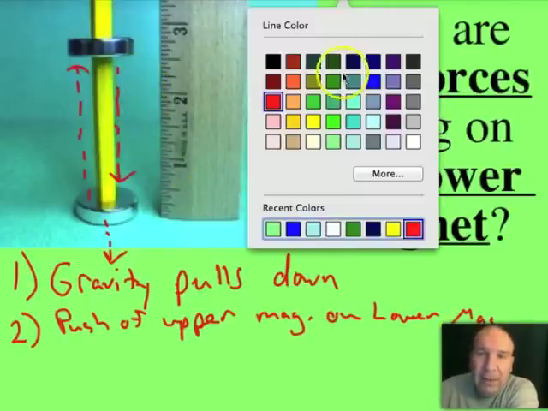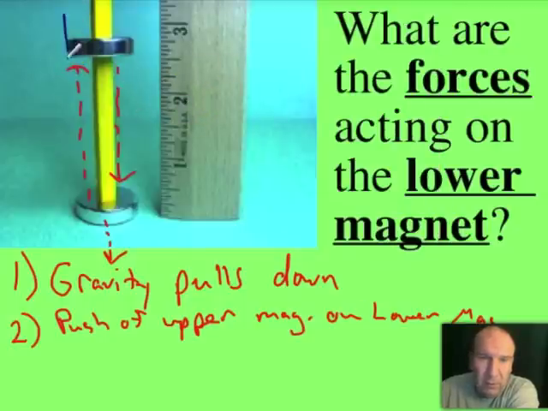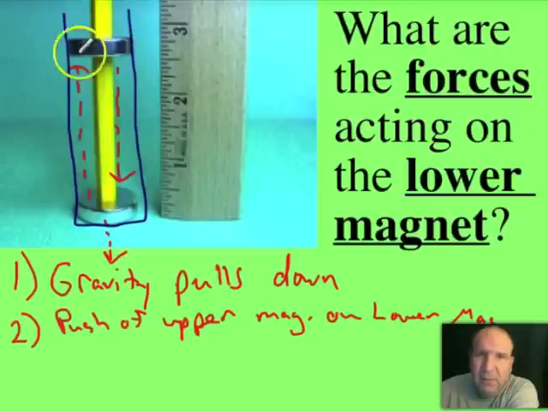Now, if we remember in class, there was another force, wasn't there? These were in a test tube. And if we have these in a test tube, there would actually be a third force. And that's the contact force, right, between the magnets in the test tube. So let's say that I added a test tube to it, and these were in a test tube. How would we write that? Would that be a push or a pull? It would be a push, right?